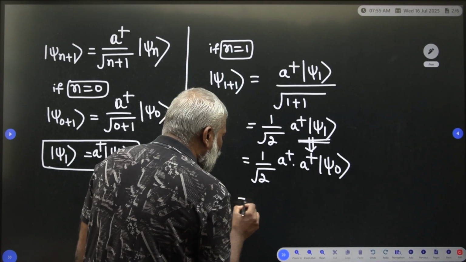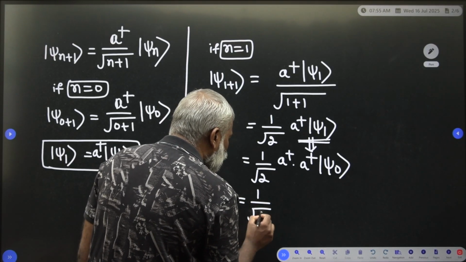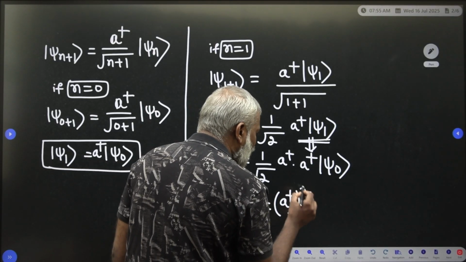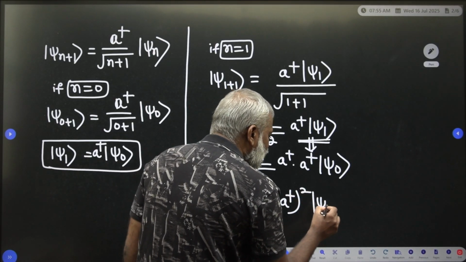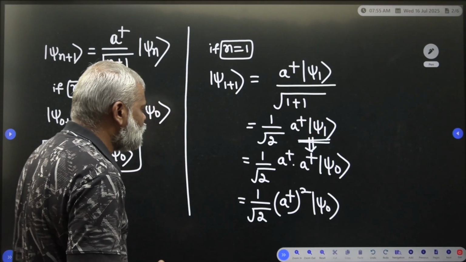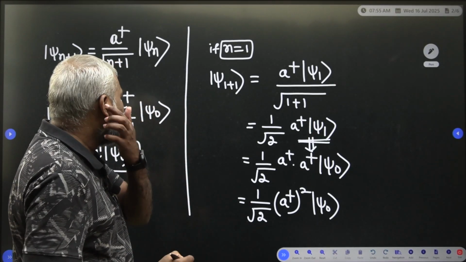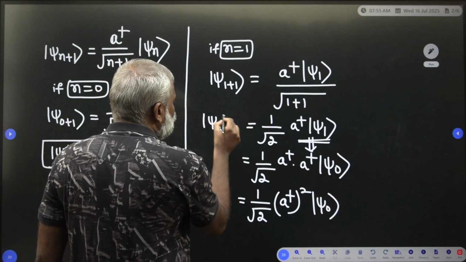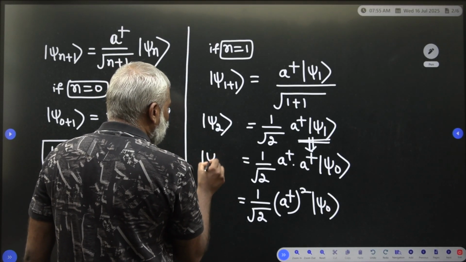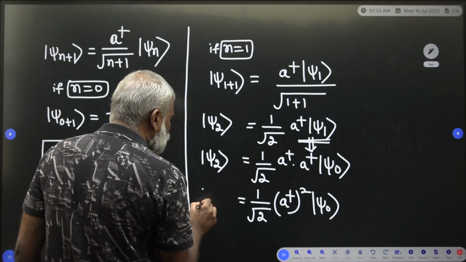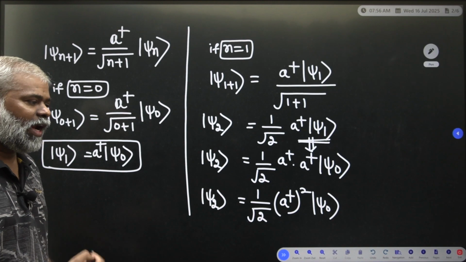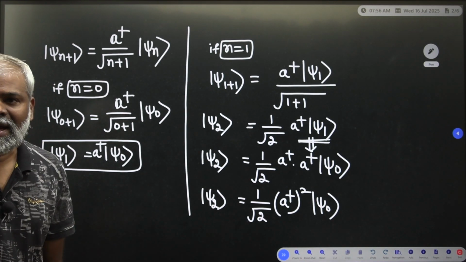So, therefore, we write 1 by root 2 into a dagger into a dagger, whole square, into ket psi 0, which is equal to ket psi 1 plus 1, that is ket psi 2. So, therefore, ket psi 2 is equal to 1 by root 2 into a dagger whole square into ket psi 0.